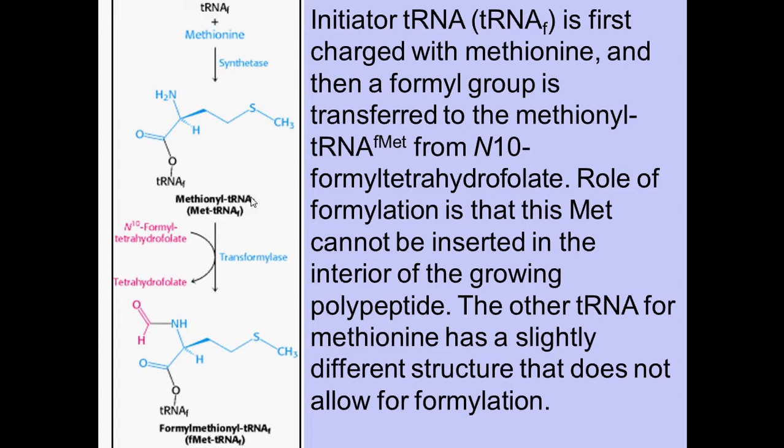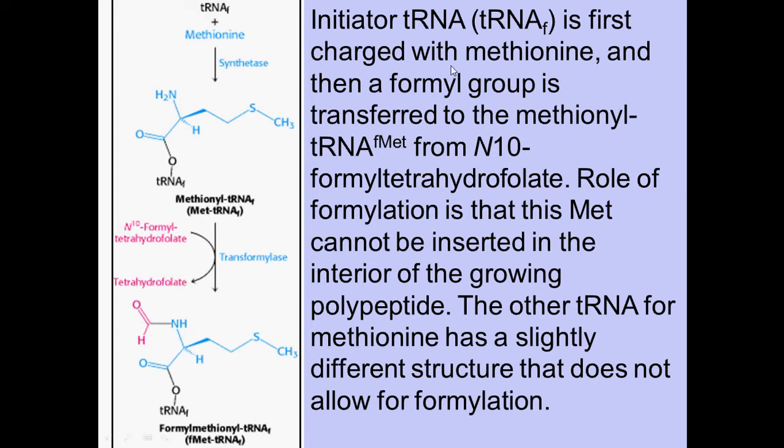So we have to differentiate between the first methionine and the subsequent methionines used in elongation. The first methionine is formyl methionine, and so it has to be formylated, and the transfer RNA that's going to be carrying the first methionine has to be different.